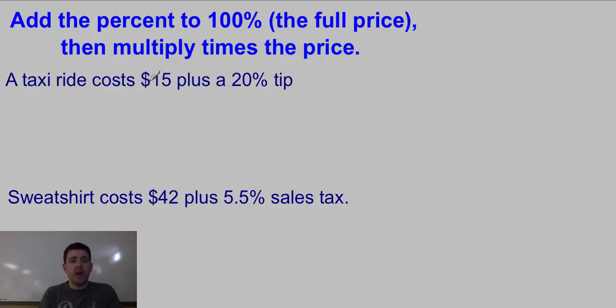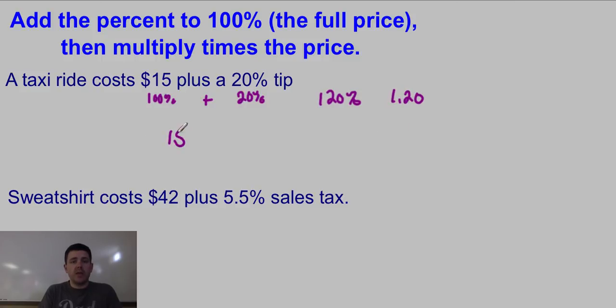So a taxi ride costs $15, that's 100%, plus a 20% tip. So we want 100% of the price, $15, plus 20 extra percent. Well, just combine them together. 100 plus 20 is 120%, or 1.20 as a decimal.